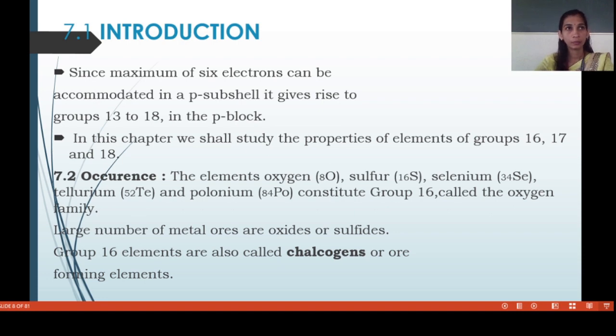There are 6 groups present in the P block, which means it can have a maximum of 6 electrons.